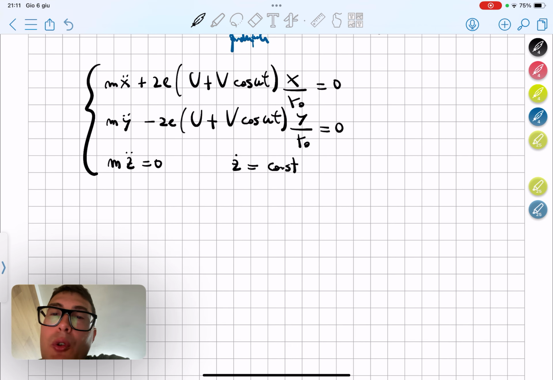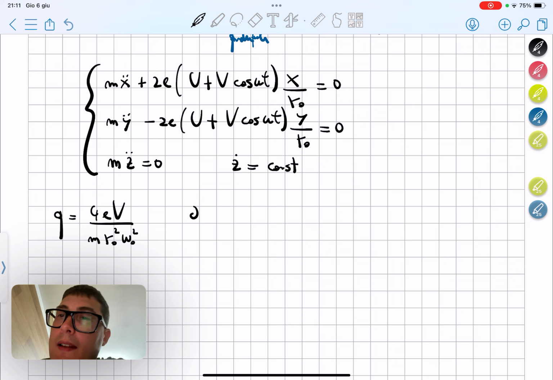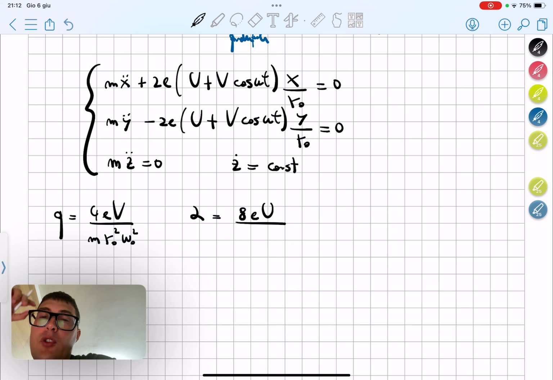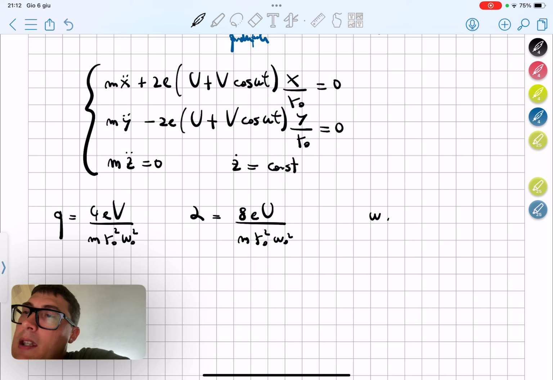It's worth introducing different coordinates: q, which is 4eV divided by m r naught squared and the frequency squared, and alpha, which is 8eU. So alpha depends on U, and q depends on V, and they have the same denominator. Okay. Omega t is 2 phi, and f is equal to omega divided by 2.